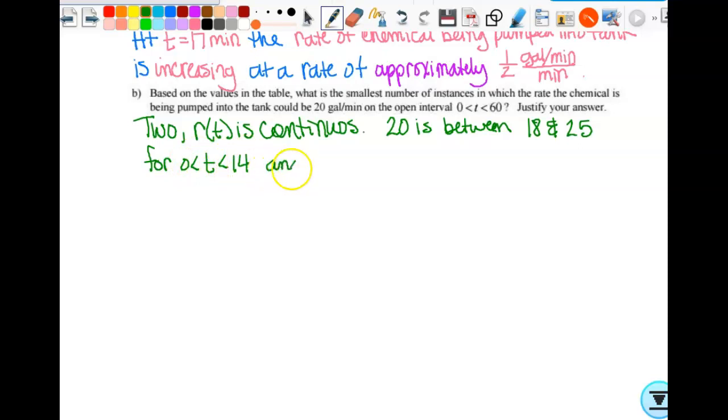And 20 is between 21 and 15 for t between 33 and 47. Okay. So 2.